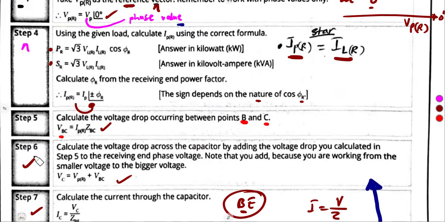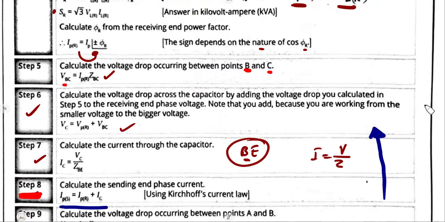Then step 6, we will need the voltage across the capacitor, which is simply to be added. We simply have to add if we are working from the smaller voltage to a bigger one. Remember, we are working from smaller to bigger. So VC will be the sum of the receiving end phase voltage plus the VBC that we calculated.